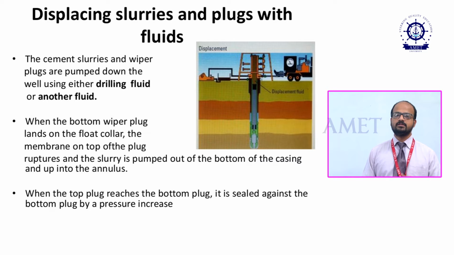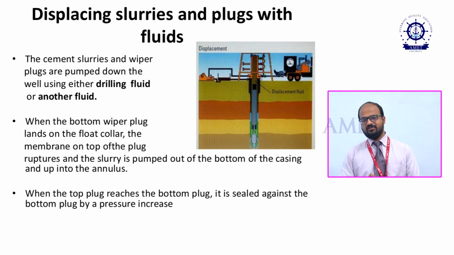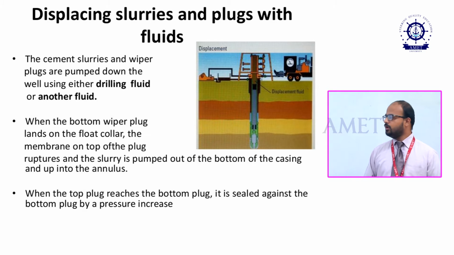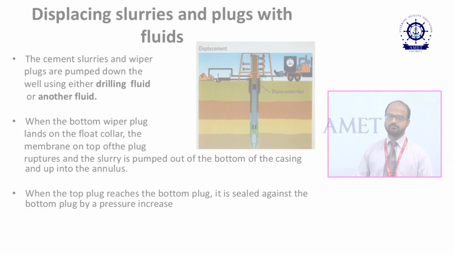Now what happens is the pressure difference will be created between the bottom as well as the top. So this diaphragm, which exists in your float collar, will be ruptured once the pressure gets high. Now it will be ruptured and a hole will be created. Now the cementing starts to flow to the bottom of the hole, and if you displace it further with the displacing fluid, then it starts to come to your annular space.